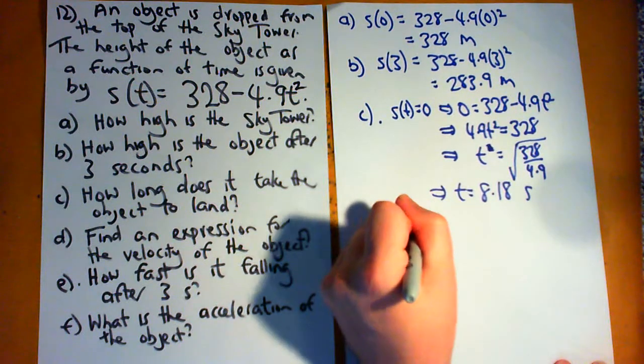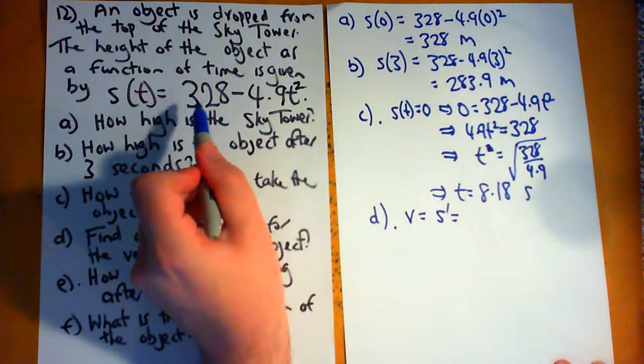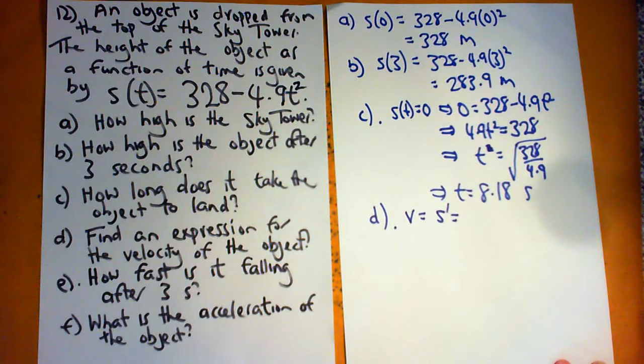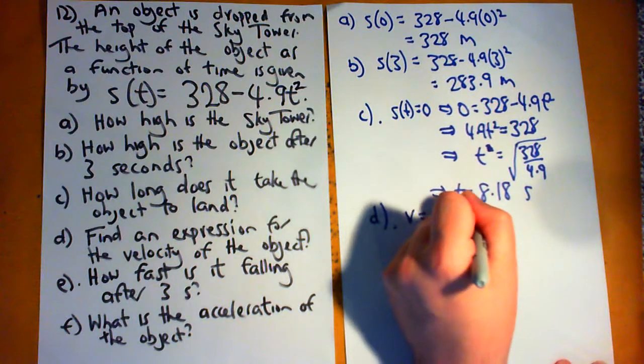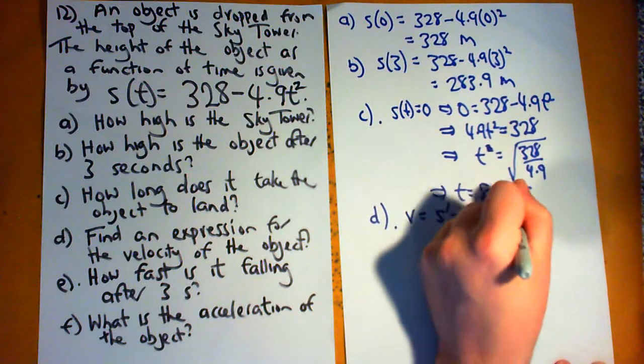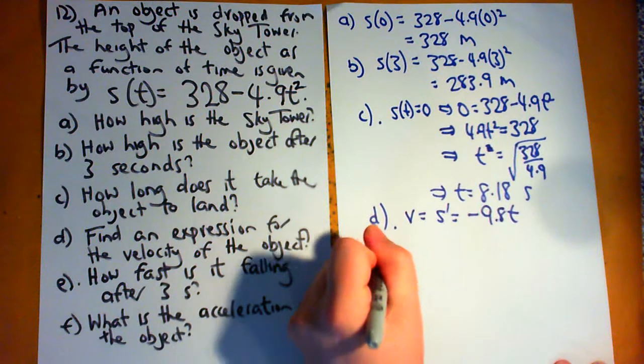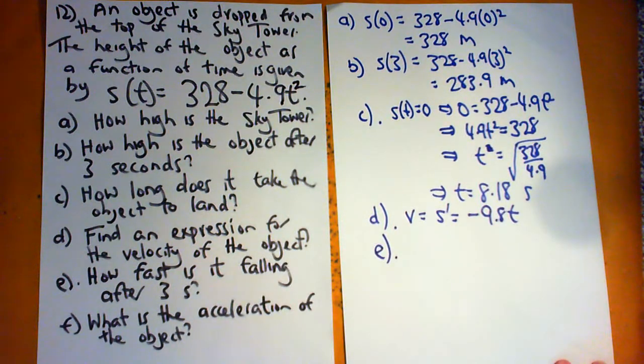So v is going to be the derivative of s, which means we need to differentiate 328 minus 4.9 t squared. 328 is just a number, it differentiates to 0, so it'll be negative 4.9 times 2, which is negative 9.8 t to the power of 1. So that's an expression for the velocity, or the speed with a direction. That negative tells us that the object is moving downwards.